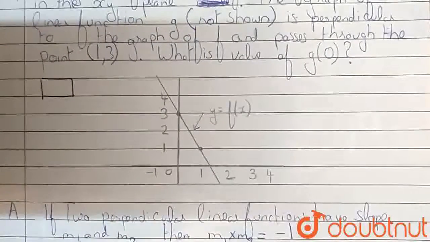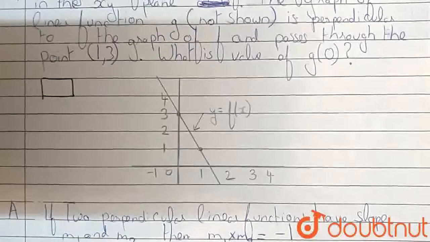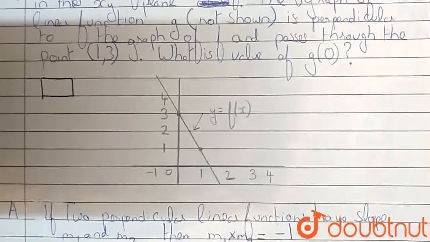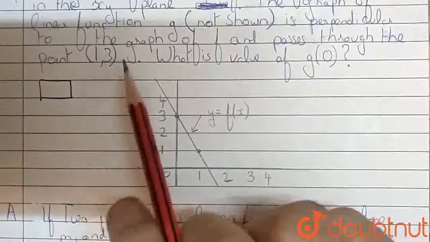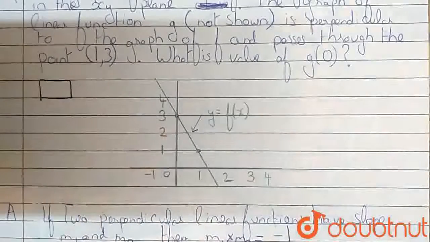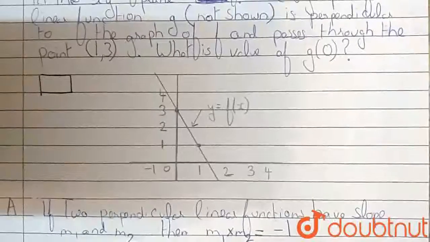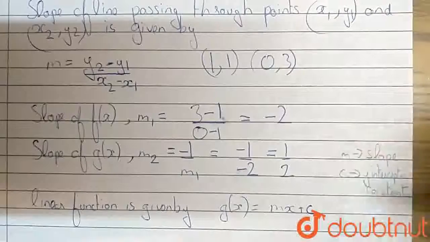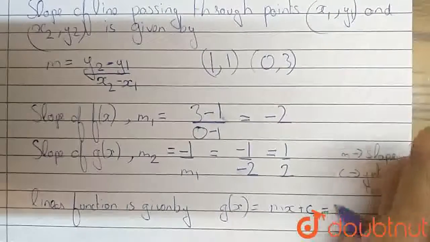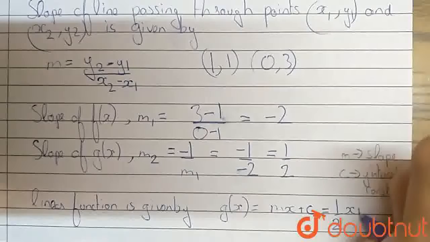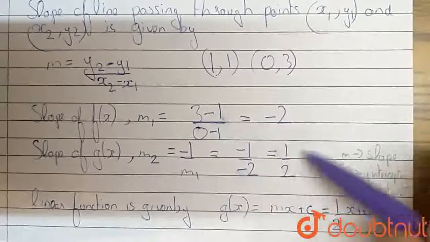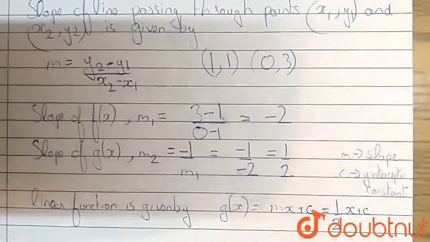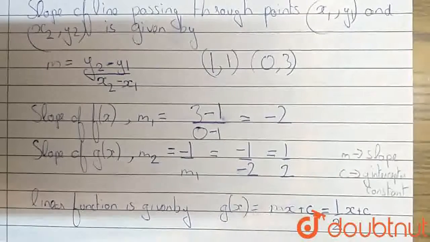But we know that (1, 3) lies on this line g(x). Hence, if we put in this value of (1, 3) as (x, y), we can find out this c term or the constant term. So this we get as equivalent to half x plus c, as we have gotten half here, and this is just a general form of the linear function.